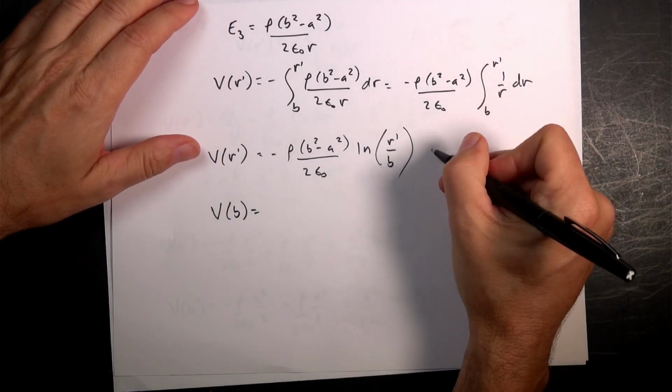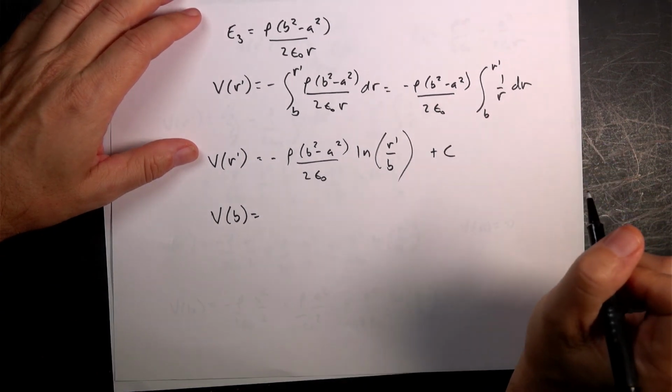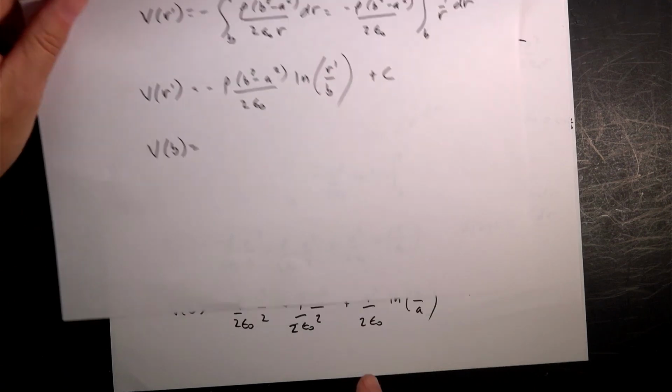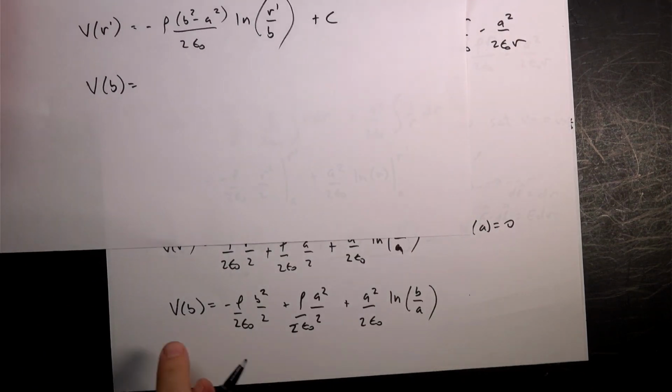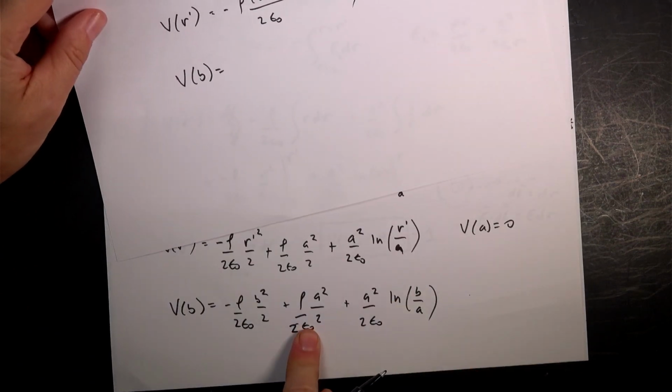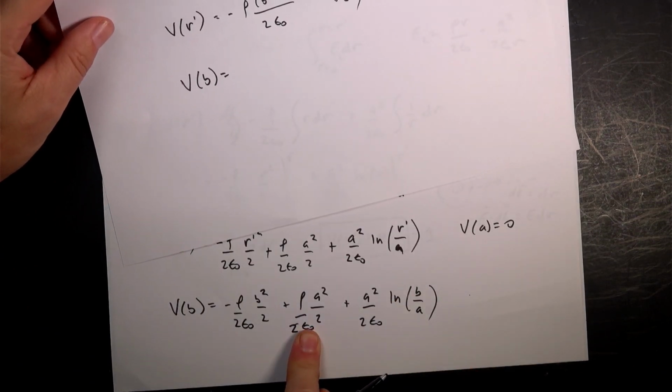So let's add a constant right here if we need to. Oh, no, let's just add this to it, right? Because I know if I'm integrating up, then I just have to add this whole thing. So I just need to add this because that is V of b. I don't need the constant.